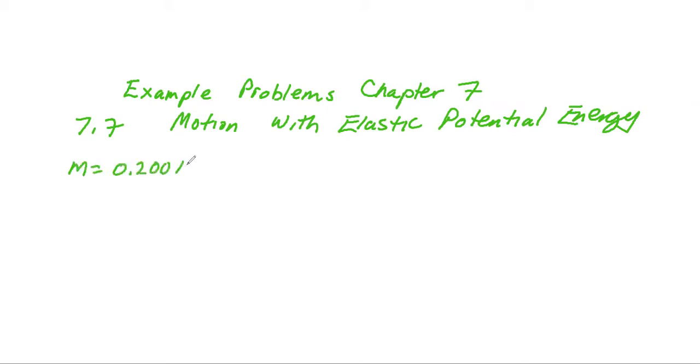It reads, a glider with mass 0.200 kg sits on a frictionless horizontal air track connected to a spring with a force constant 5.00 newtons per meter.